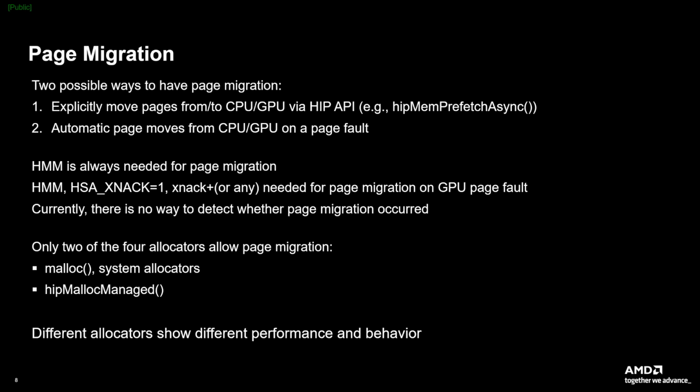Right now, there's a lot of interest in detecting when that page migration occurs. Our tools, we're still working on a mechanism to detect that memory movement. You'll hear a little bit about the tools tomorrow. Hopefully, we will have a presentation on how to detect page migration in the near future.